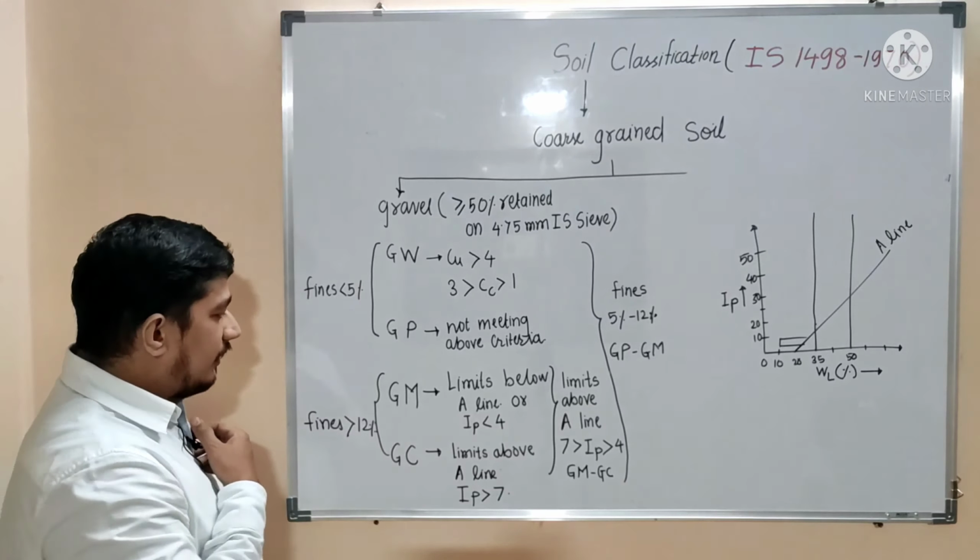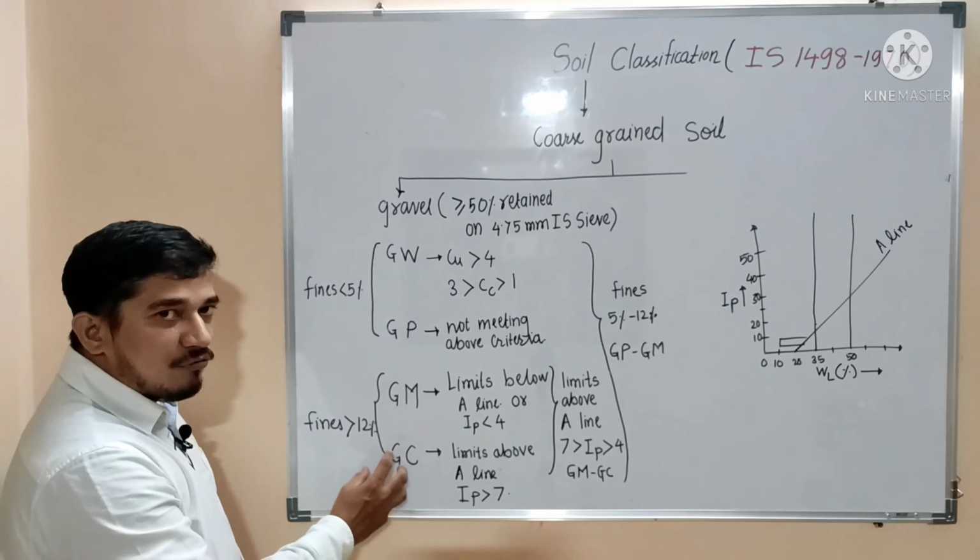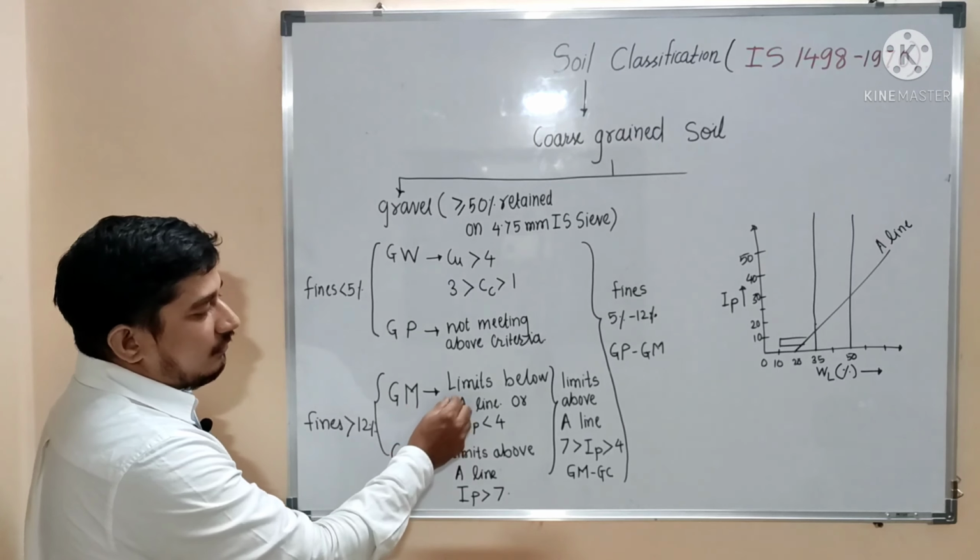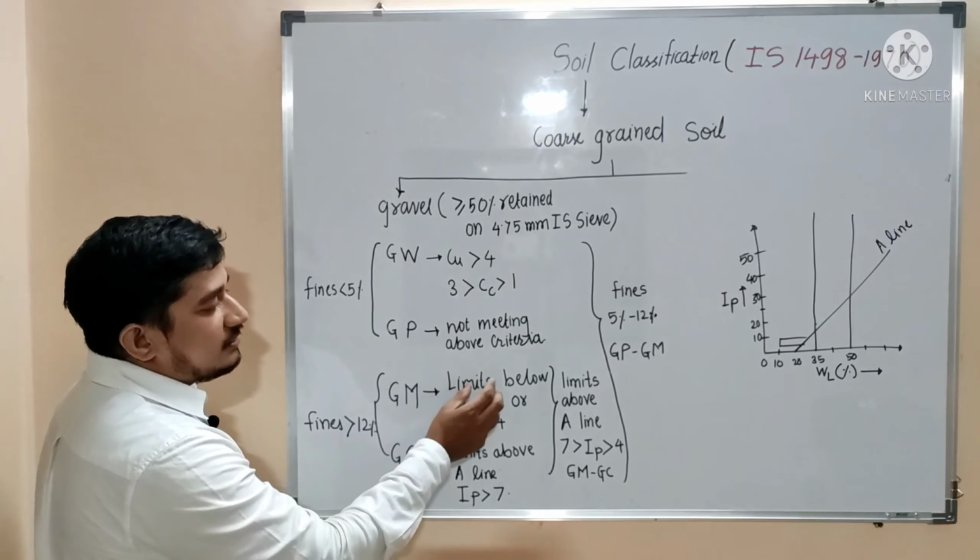The next part is about the classification of GM and GC. When the percentage of fines is more than 12%, then it can be classified as either GM or GC. But when do we classify it as GM?